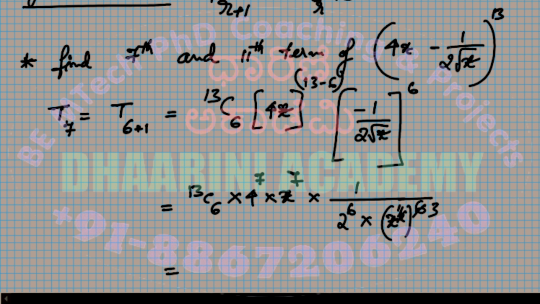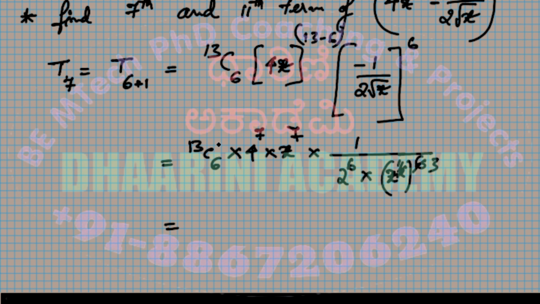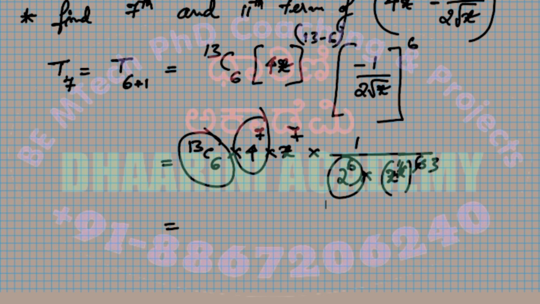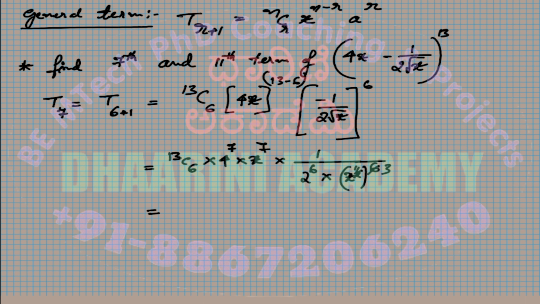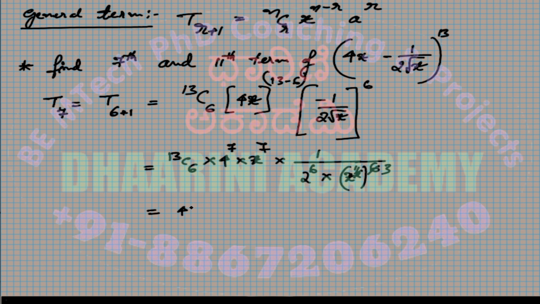Now let's simplify. Calculate the value of 13C6 into 4 to the power 7 divided by 2 to the power 6. That's the constant number. Please calculate that. This is equal to 439296. That's the simplification of 13C6 into 4 to the 7 into 1 divided by 2 to the 6.